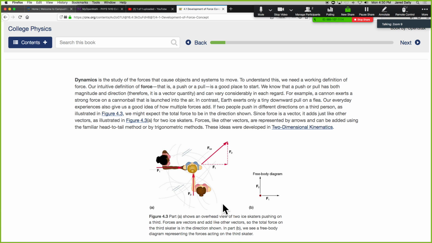We have force 1 from the right, force 2 from the bottom going up, and it creates this vector addition of forces, where the total force will be upward and to the right according to vector addition, just like we did vector addition with displacements or velocities or accelerations.